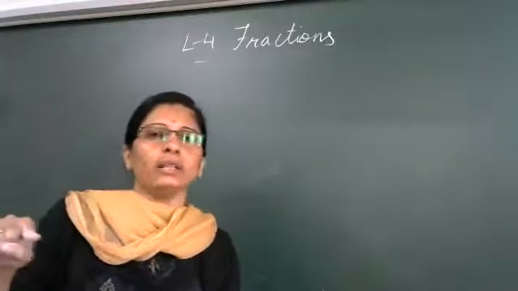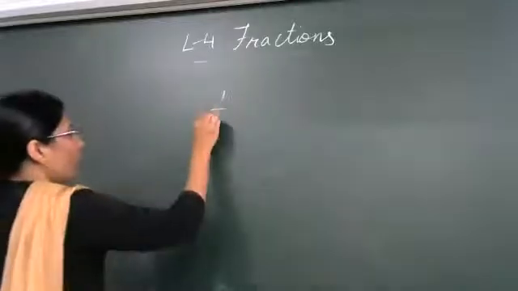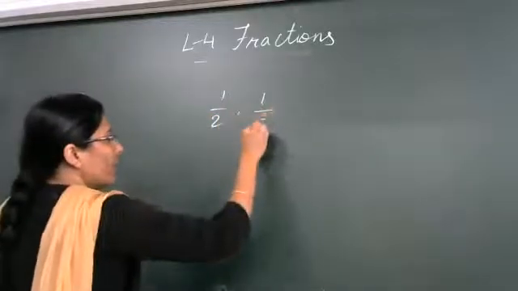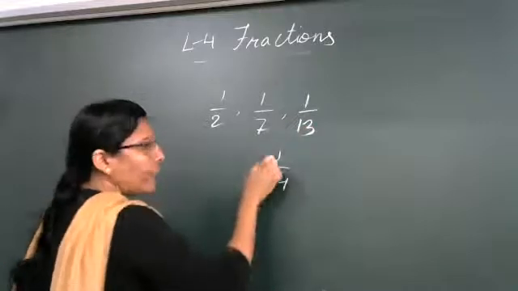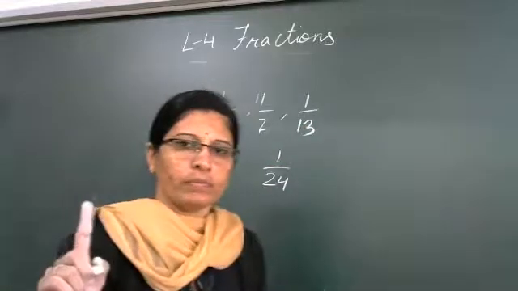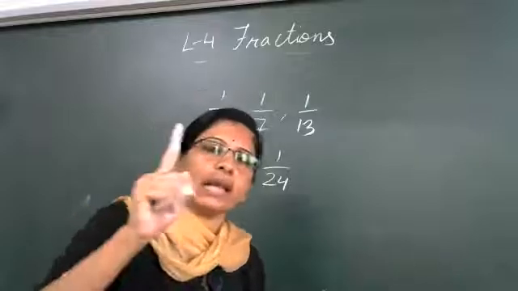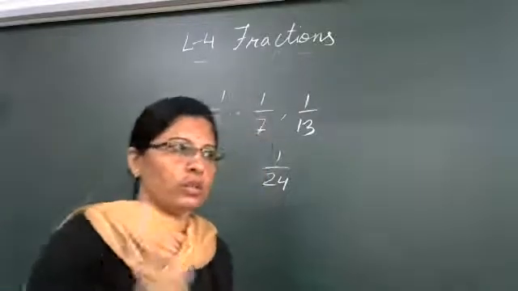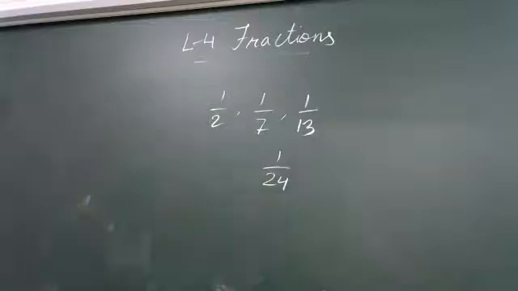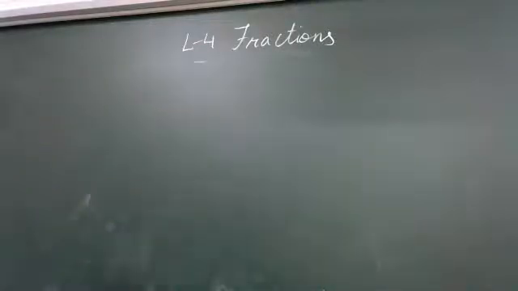The denominator can be anything, but numerator 1 will be there. 1 by 2, 1 by 7, 1 by 13, 1 by 24. Up it should be 1. When 1 is there, all those fractions are known as unit fractions. Okay? Next.